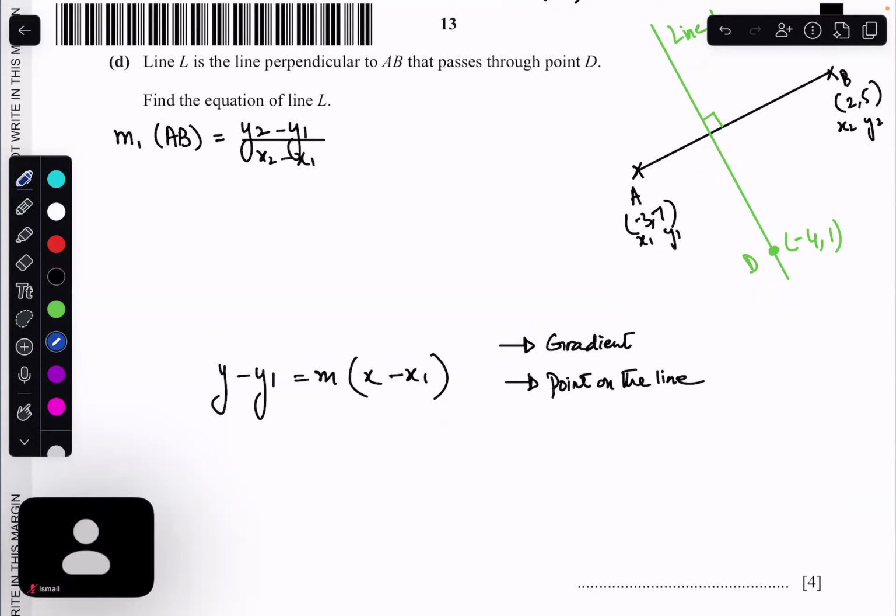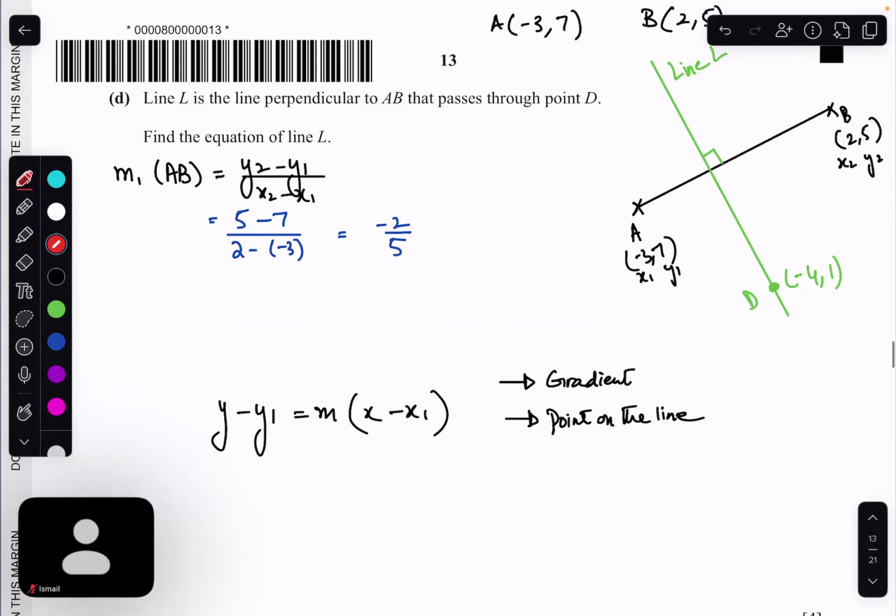So this should be 5 minus 7 divided by 2 minus 3. So we have minus 2 by 5. This is the gradient for line AB.